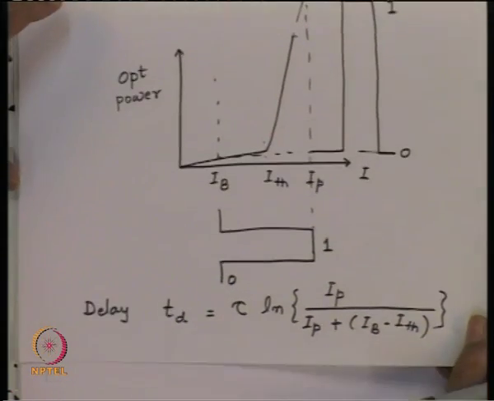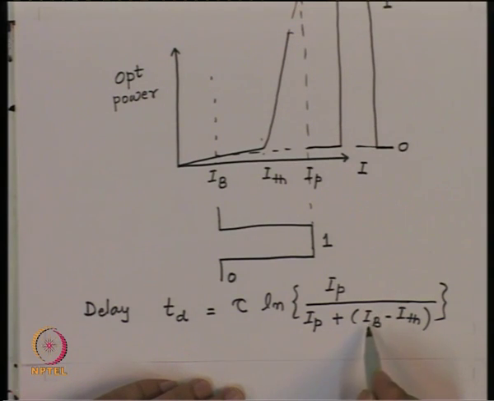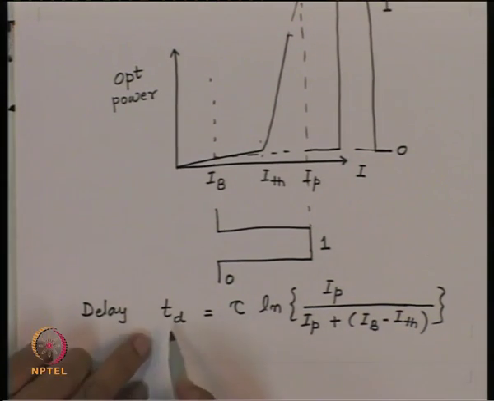So, what you find here is that if the device was biased at the threshold level, then IB minus ITH would be 0, then this will be ln IP upon IP, which is 1. So, the delay will be 0.